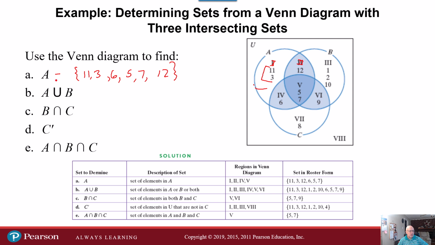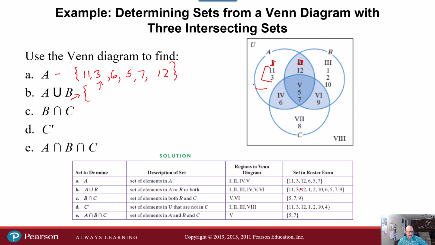Now, once you get set A, remember that's all the individual pieces that make up A. Now you want A union B. Well, A union B is going to include all of these that are already up here and anything that was left out from B. Well, we don't have 1, 2, 10, or 9 yet, so throw those in and you'll have that one.